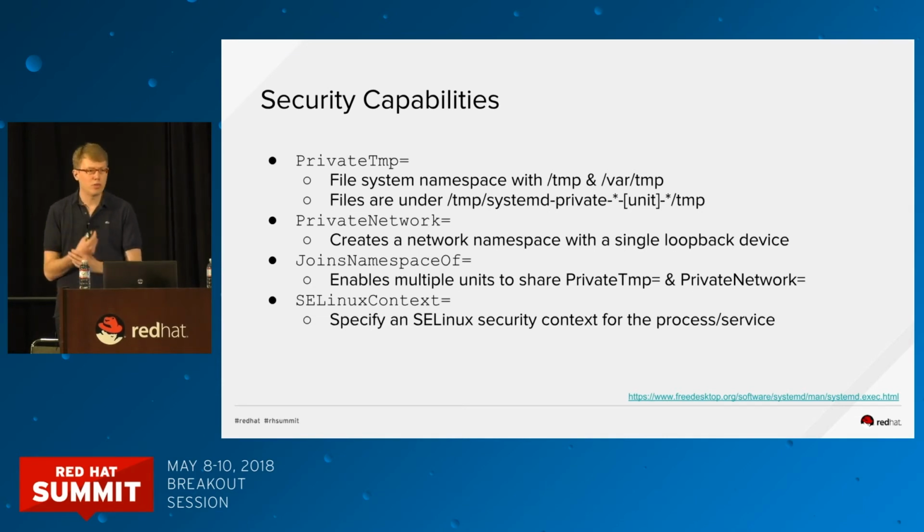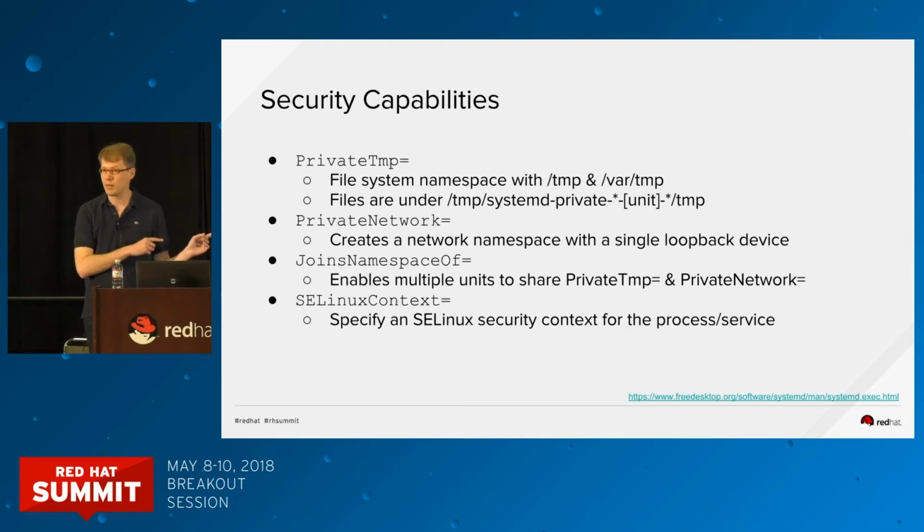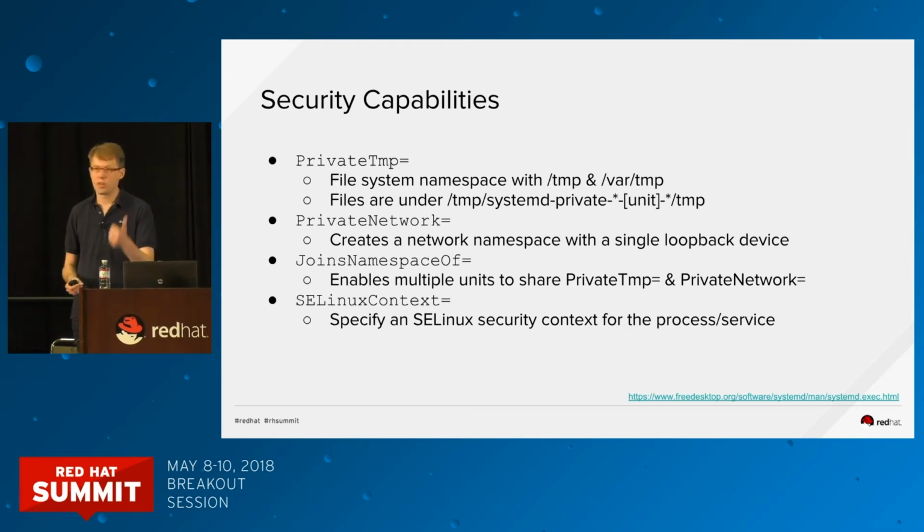So this is, for example, useful if you have two servers that belong together, and they should be locked down as much as possible, but they should still be able to communicate via IP with each other, but not with anybody else. In that case, you would just turn on PrivateNetwork and set a JoinsNamespaceOf dependency between them. And there you go. They will only see a loopback device. They cannot connect to the internet, but they can still connect to each other.